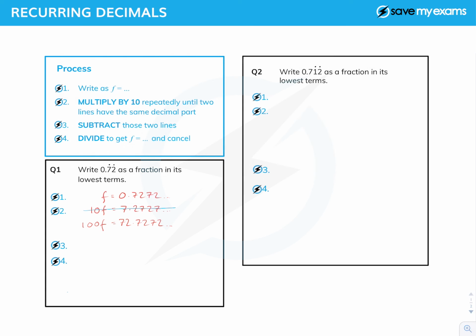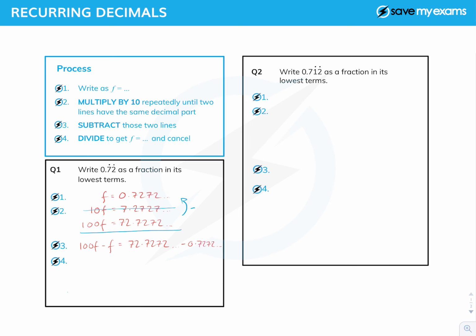Step 3 says subtract those two lines. So I'm going to subtract this way, okay? And the reason I'm doing it that way is so that I get the big number minus the little number. So I get 100f minus f is equal to 72.727272 minus 0.727272.